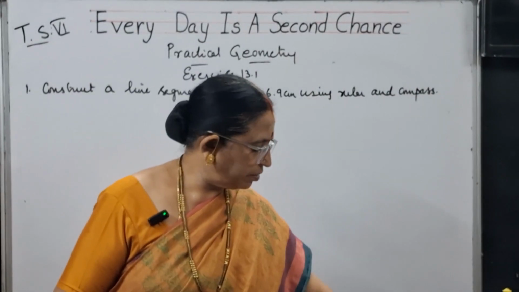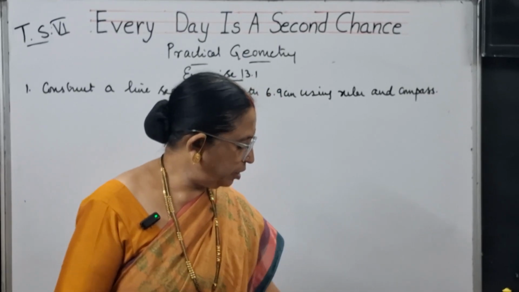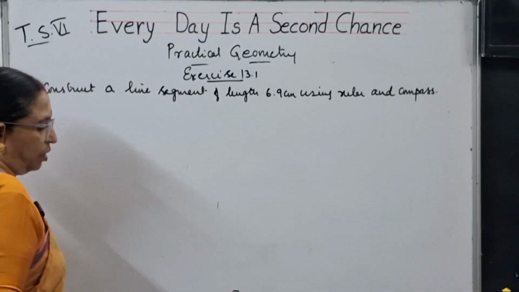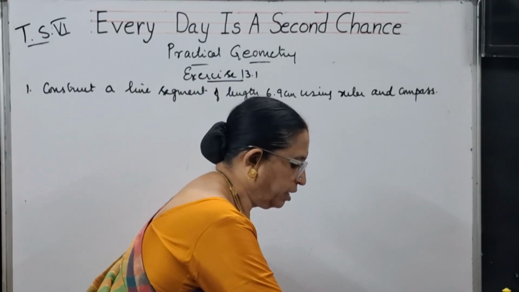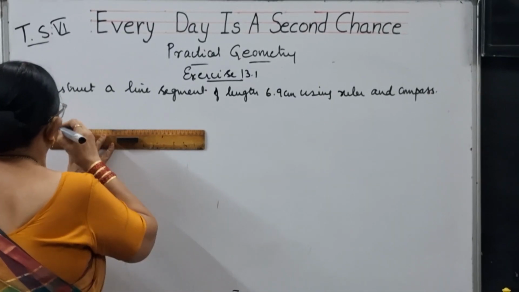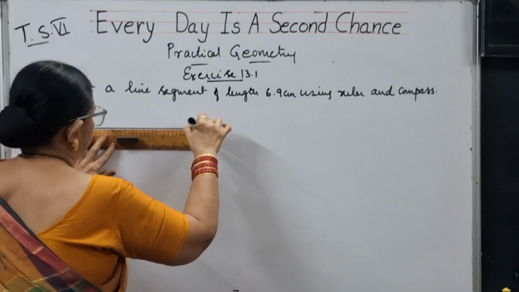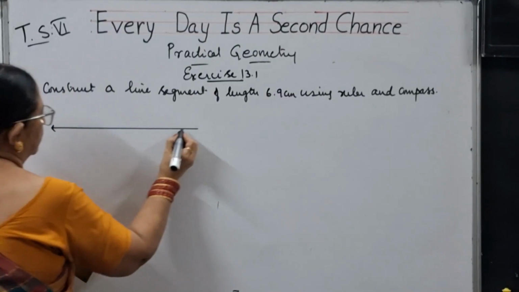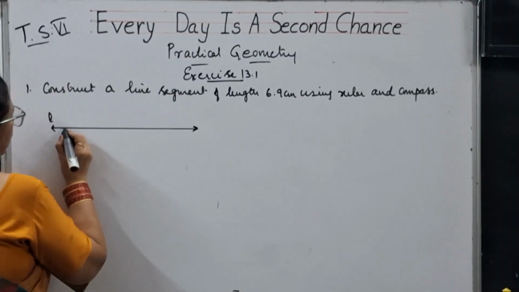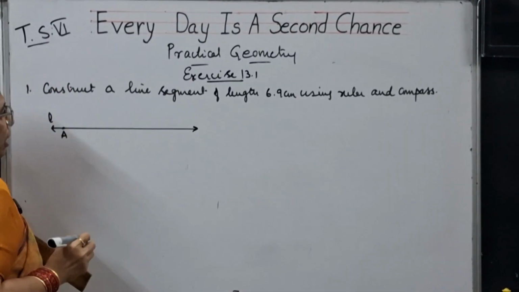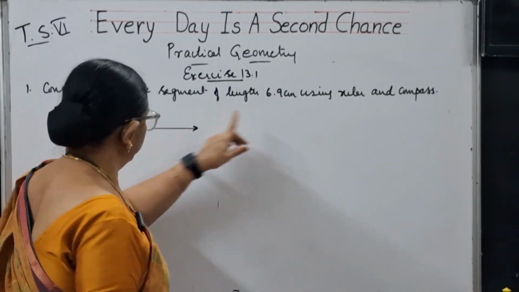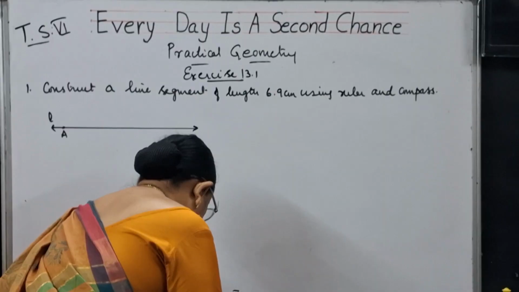Now, we will say exercise 13.1. In 13.1, first one, construct a line segment 6.9 centimeters using a ruler and a compass. So again, a ruler and a compass means, as I said earlier, first you have to draw a line. This is a line L, and they didn't mention any name, so we can write it as A and B. I took a point A upon it, and how much? 6.9 centimeters.